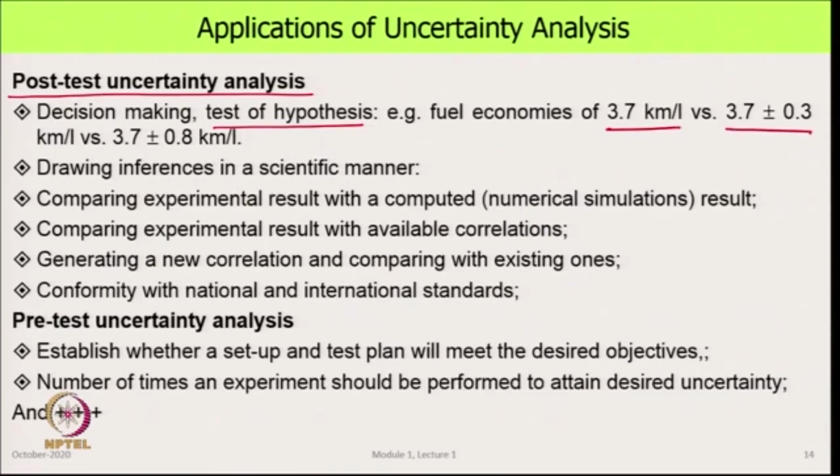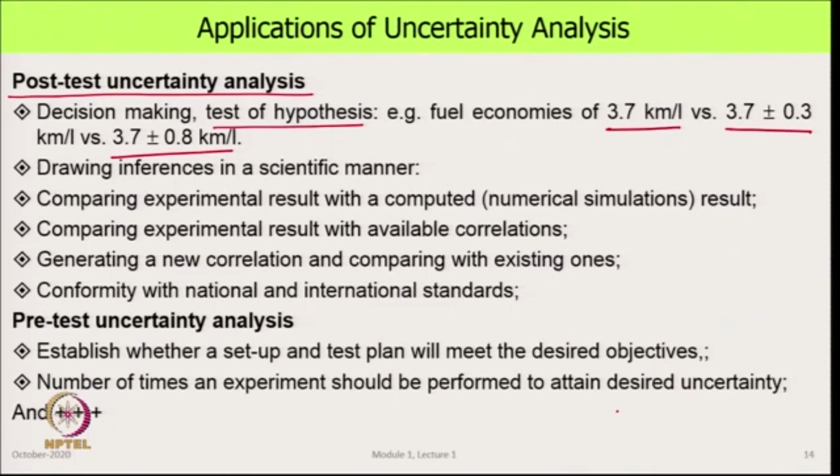One person says it is 3.7 plus minus 0.3 kilometers, and the other says that I maintained the vehicle very well, and then I did a similar test and I got a value of 3.7 plus minus 0.8 kilometers per liter. Now, you begin to start seeing things.